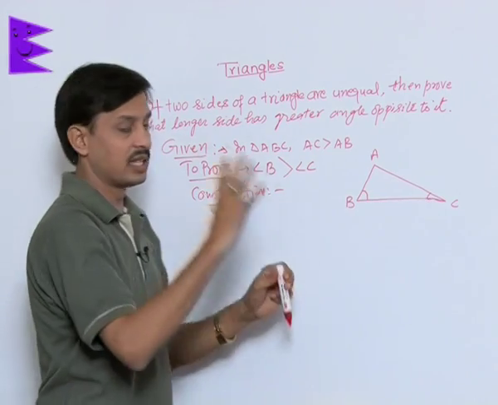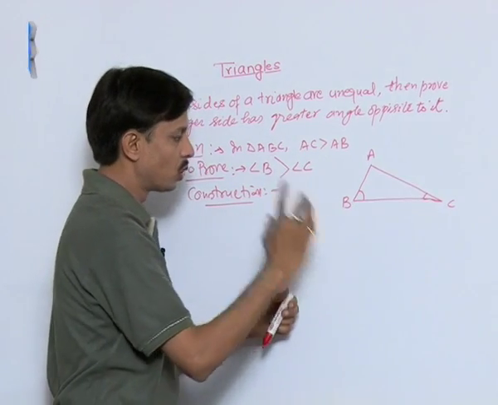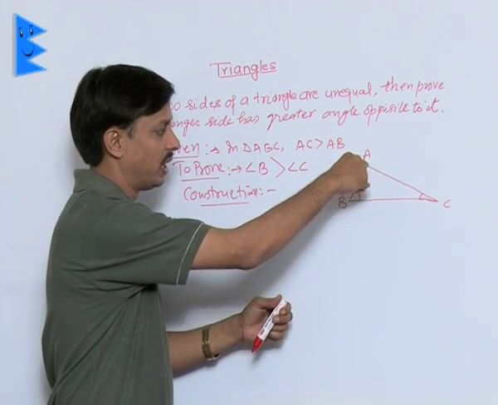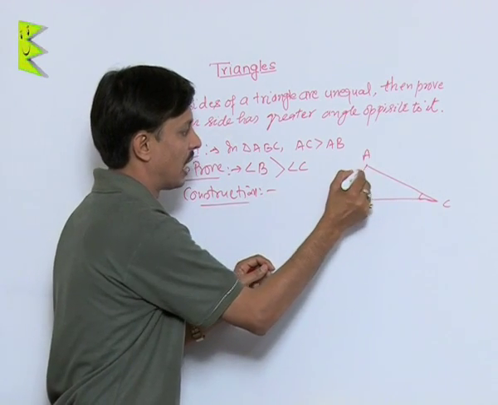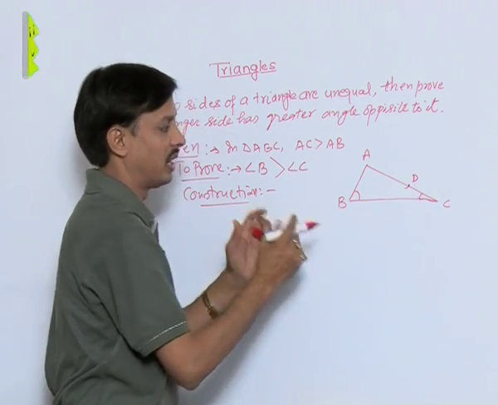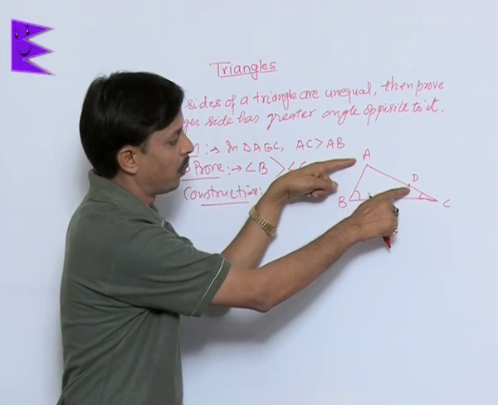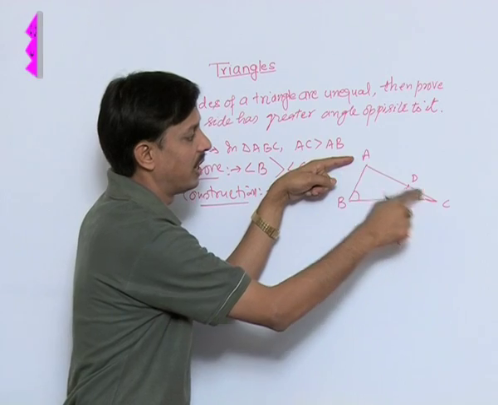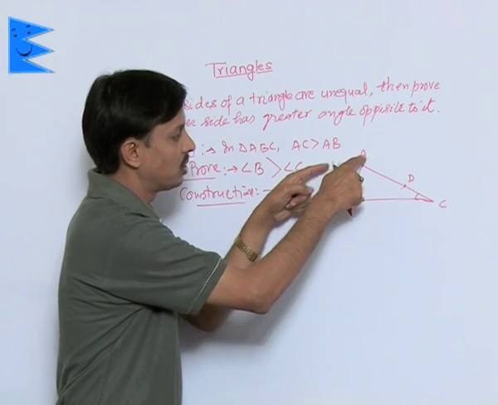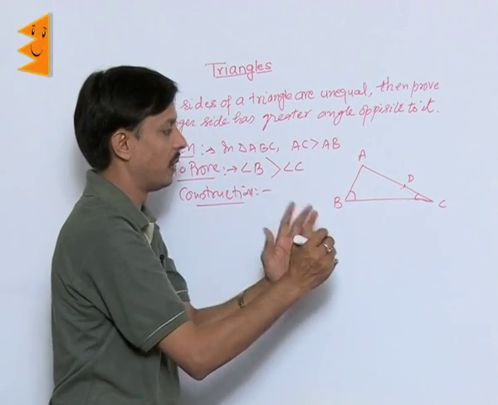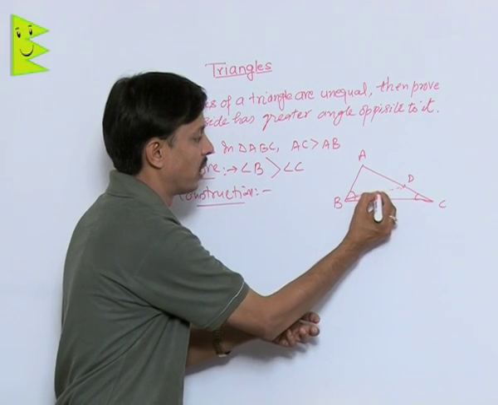As I know AB is less than AC, take the needle of your compass at A, open it till B and cut the same length of arc on AC, and name this point D. So what I actually did is select a point D lying on the longer side AC such that the distance of that point from A is the same as the distance of B from A, and now join D to the vertex B.